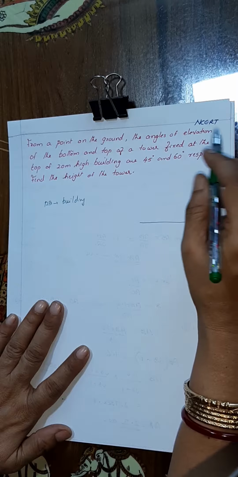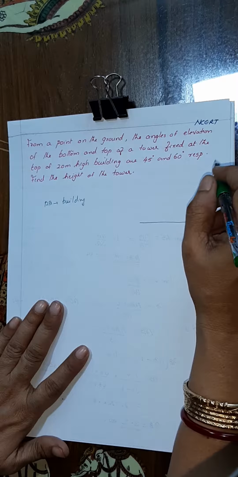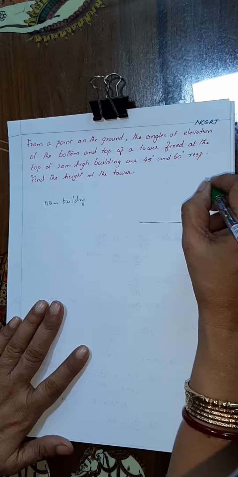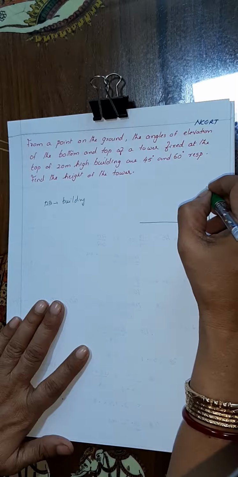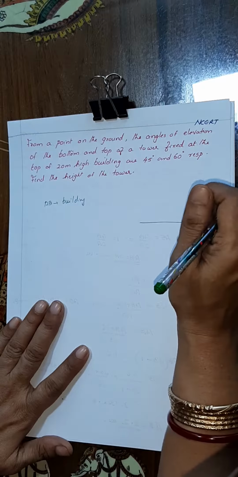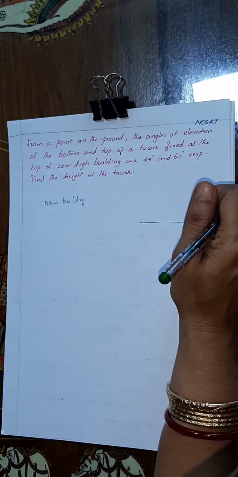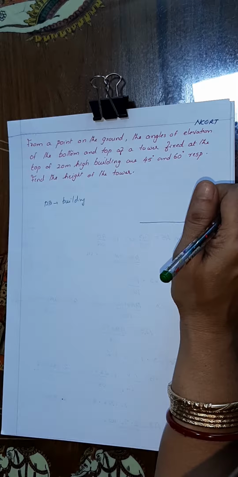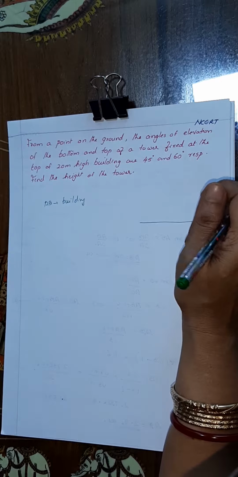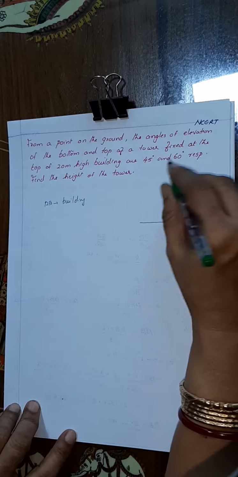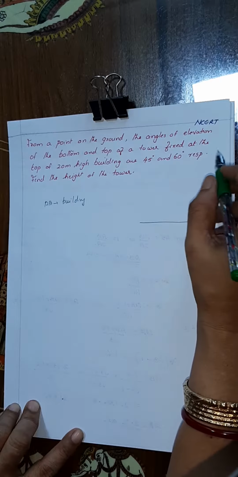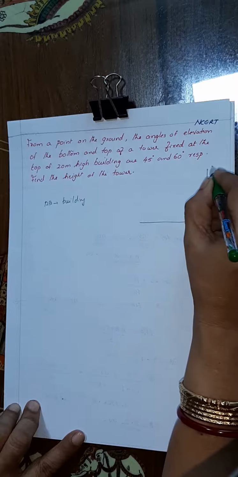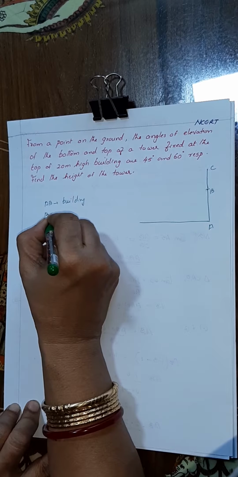The pedestal and at the top of the pedestal, just now we did a statue. So this time you're keeping a tower. So BC is the tower.